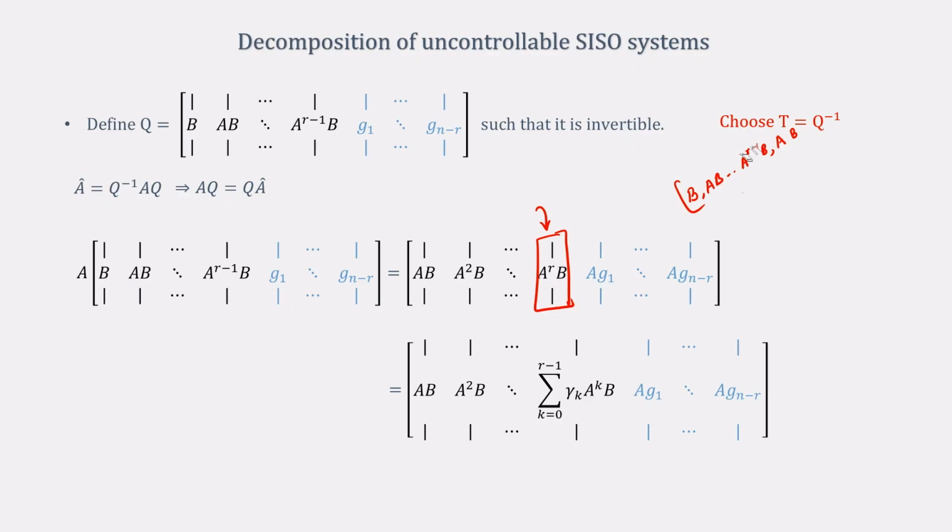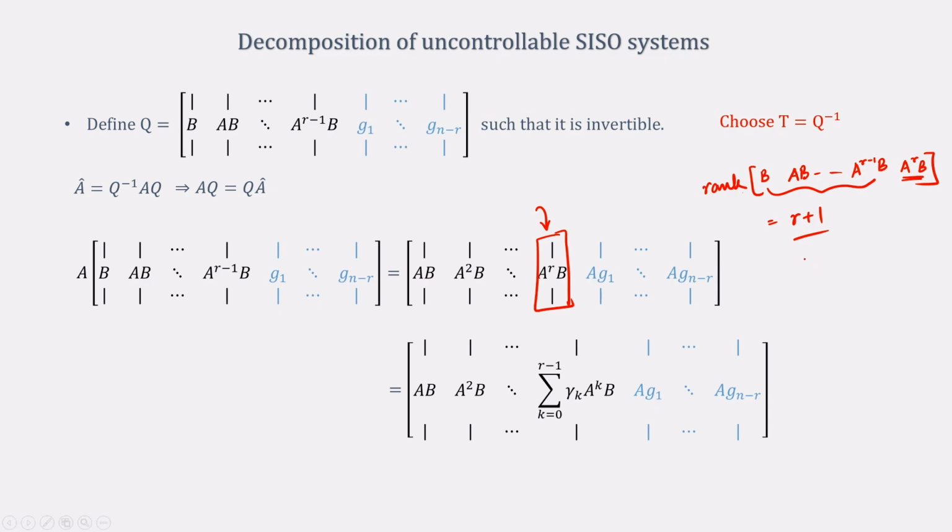If I take this as the controllability matrix, and A to the power of r B does not depend on these terms, then A to the power of r B cannot be written as a linear combination of these terms, which means that the rank of this matrix will turn out to be r plus 1.